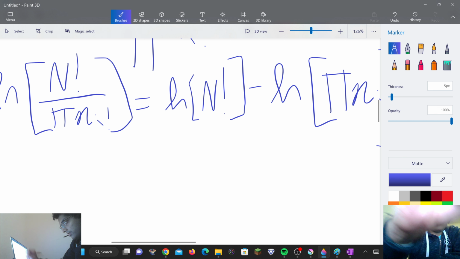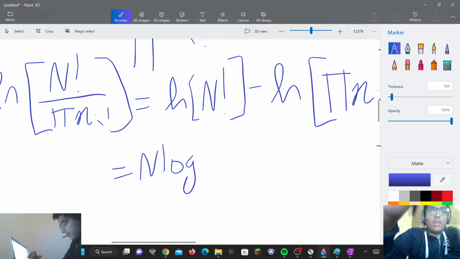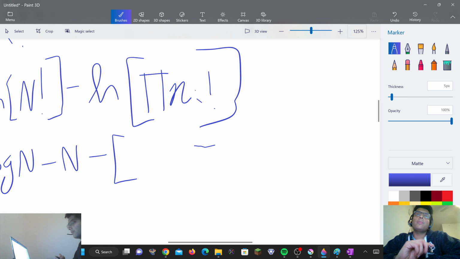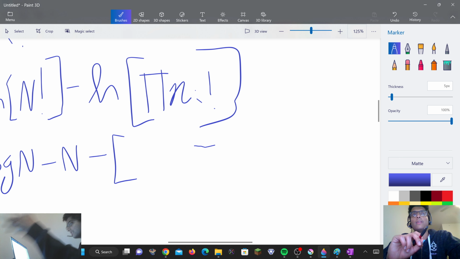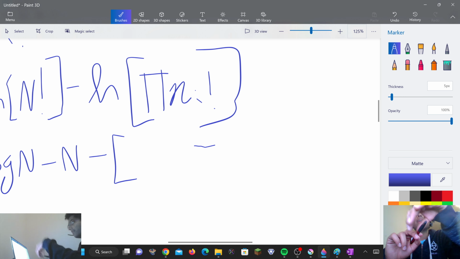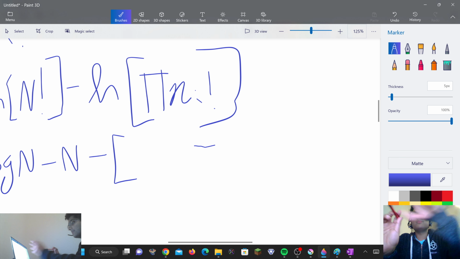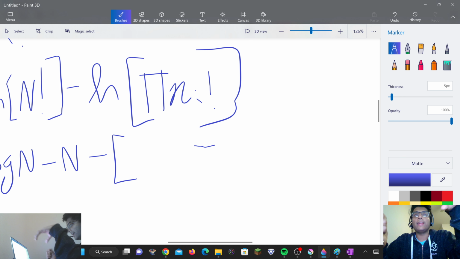So here we're going to say it's equal to n ln n minus n minus, and then for this one, we have the multiplicative product of the n_i factorials, right?